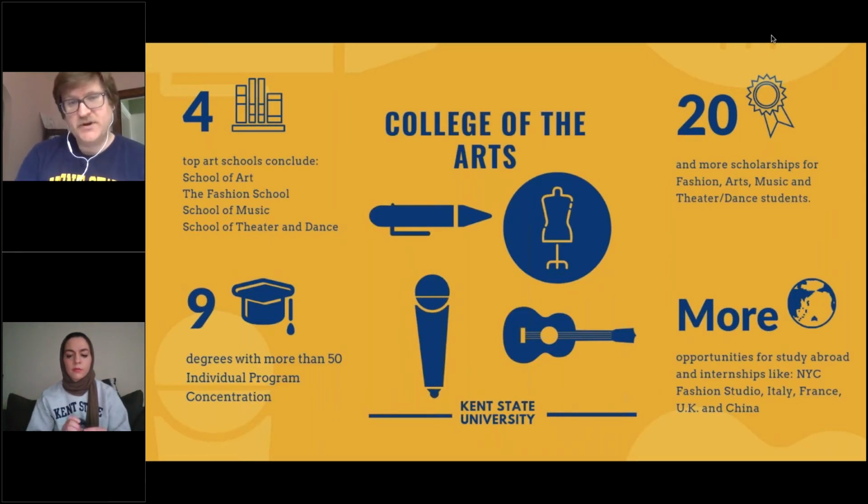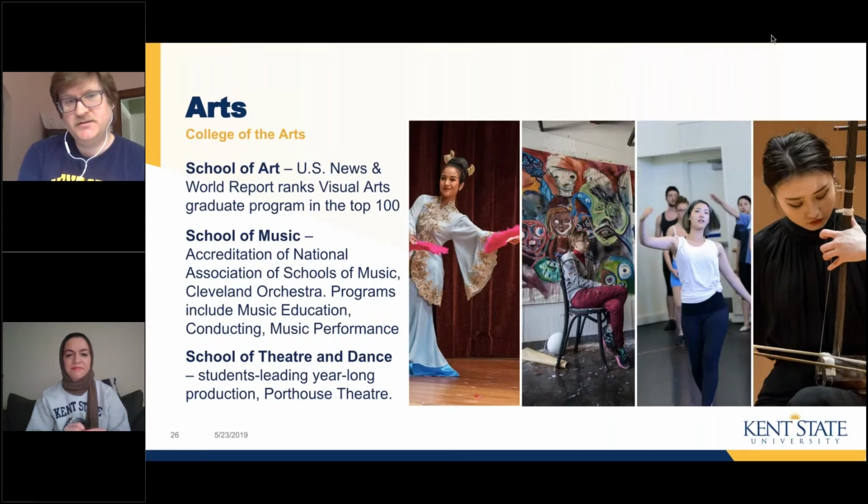And then moving on to the next one. This just gives you a little more information again about our arts programs, School of Music, and dance. For some of these, at the undergraduate level, they do of course require an audition piece, especially for dance and all the music programs and musical theater.